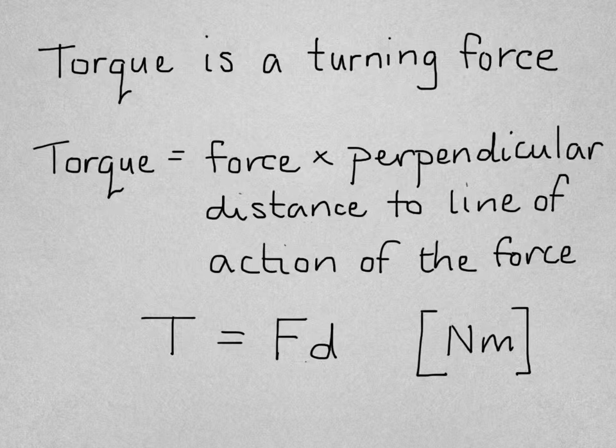That may look very familiar, because we are more familiar with saying that the moment is the force times the distance. And it's actually the same thing. Mathematicians tend to use moments and engineers tend to call them torques. So that's our first important equation. Torque is force times distance.